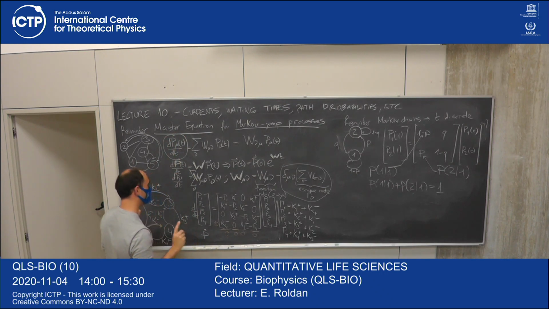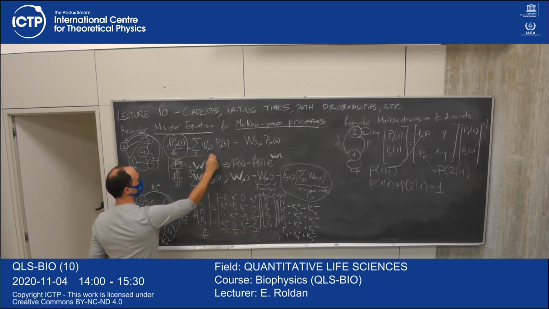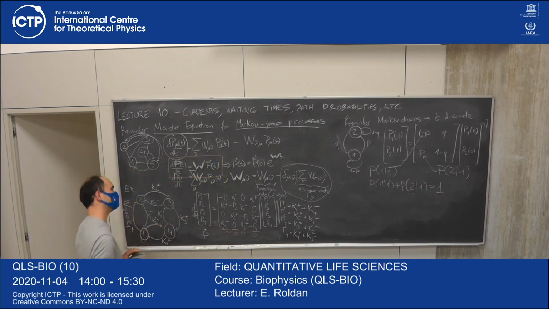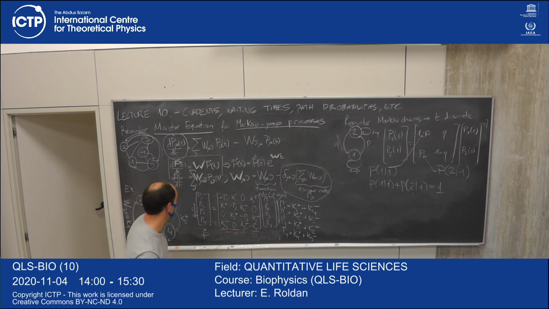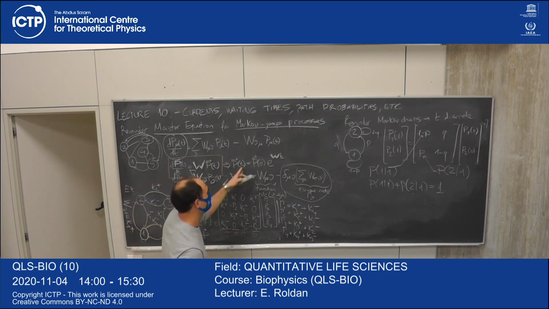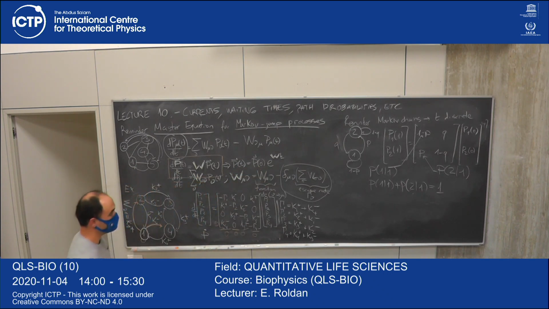So in the Markov chain we have this equation. In the continuous time, we have this equation: dP/dt is W P of t. The other one was different. So we have P of t is P of 0 e to the Wt. But W is rates.